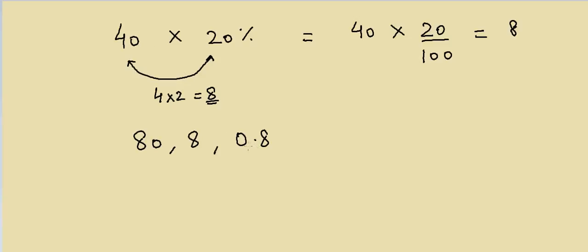So if we make any mistake with the zeros, these are the three possibilities. 80 is not possible because that's too far, a much higher number. 20%, we know, has to be smaller than 40, right? And 0.8 is too small of a number. 20% is like 1/5 of a number and 0.8 is too small. So we have to have 8, right?